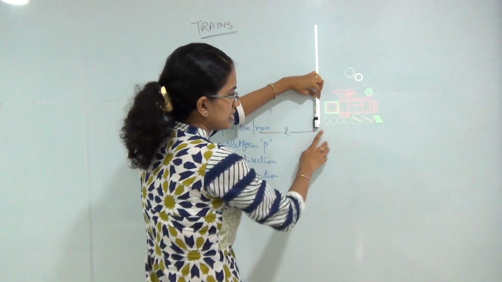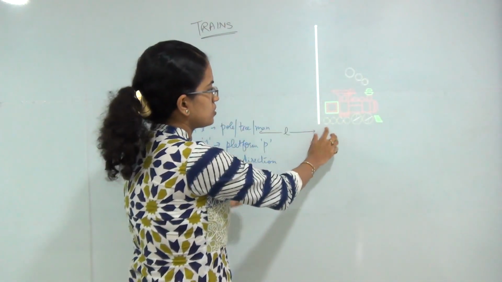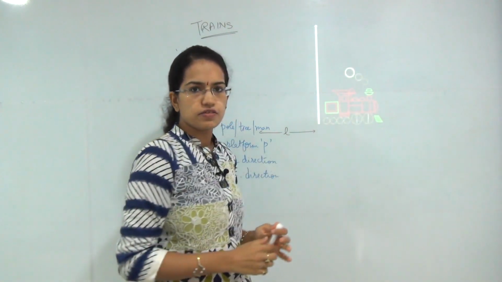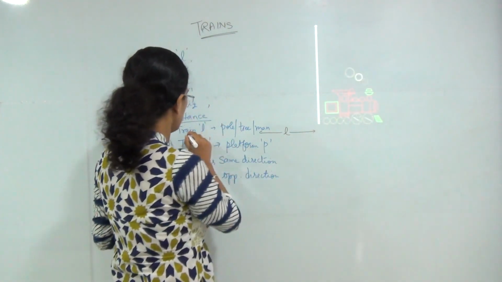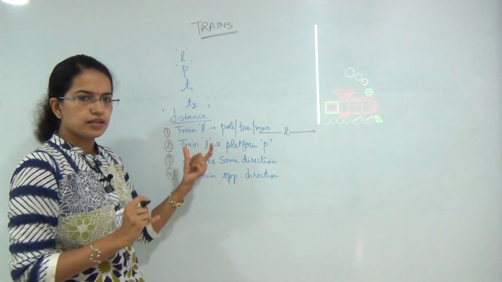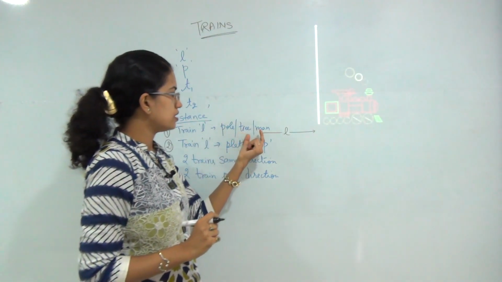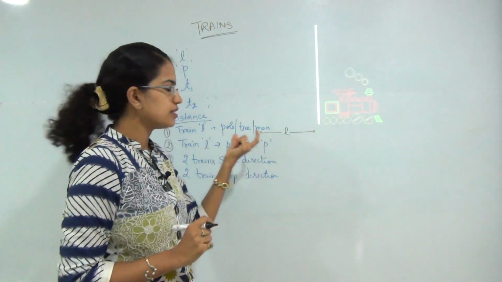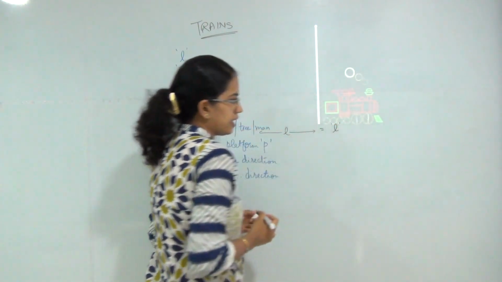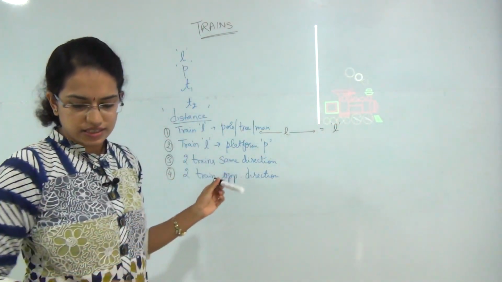The engine is here and the tail of the train is here. So we can say the distance covered is the length of the train in this case. So when you have the train of length L, which is crossing a pole, a stationary object, or a man or a tree, the total distance covered would be L. That's the length of the train itself.